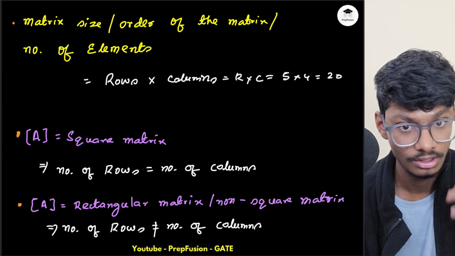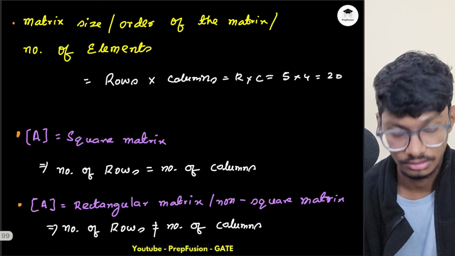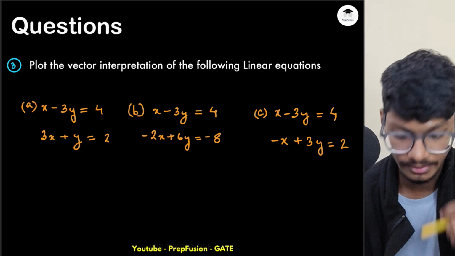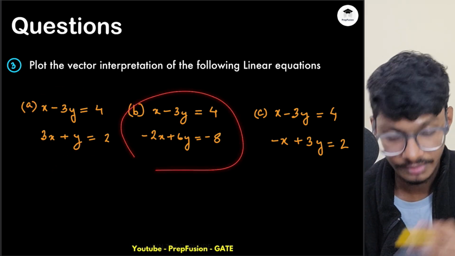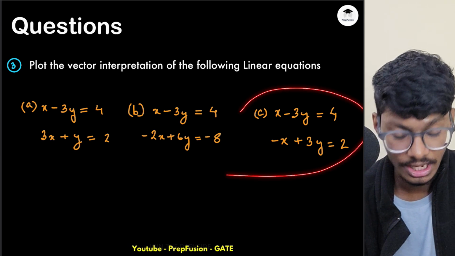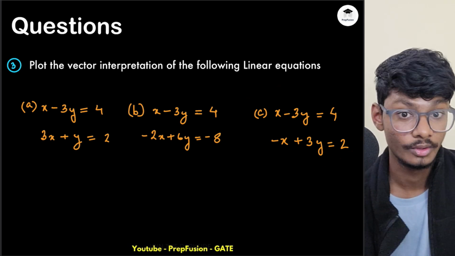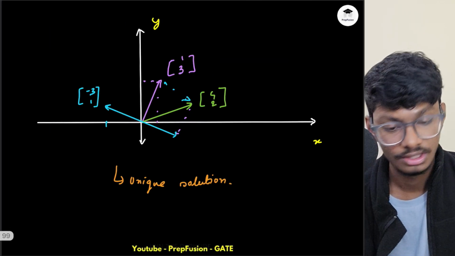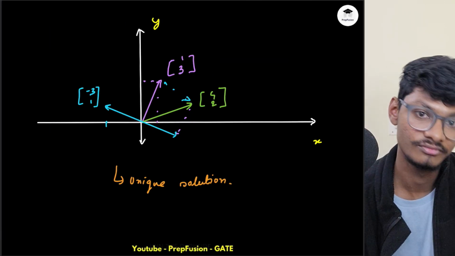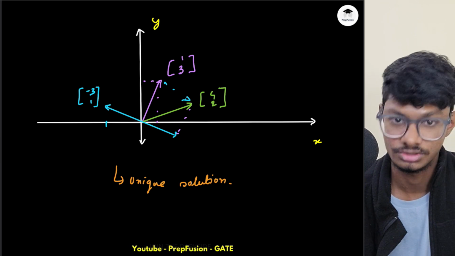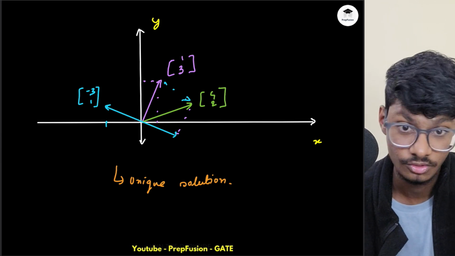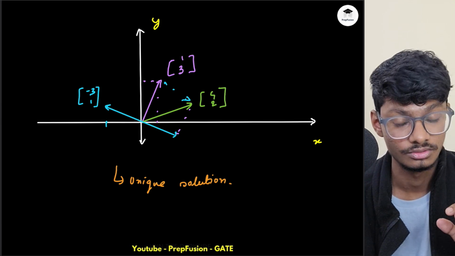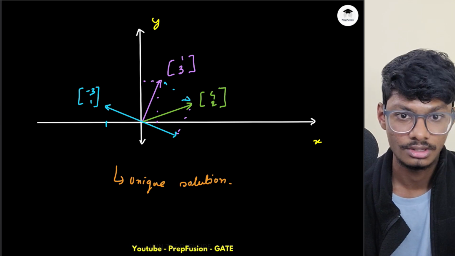Now I told you, for us to get a solution, the number of equations has to be equal to the number of unknowns. But even when the number of equations is equal to the number of unknowns, sometimes I'm getting a unique solution, sometimes an infinite number of solutions, sometimes no solution also. So it is not the only condition to get a valid solution. At least the number of equations should be equal to the number of unknowns, but that isn't the only condition.